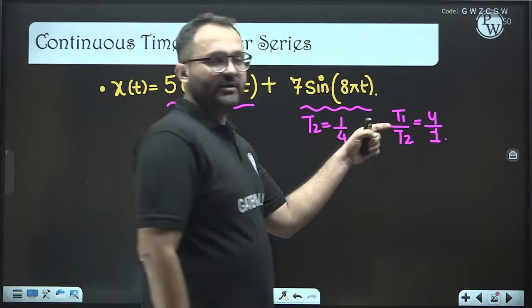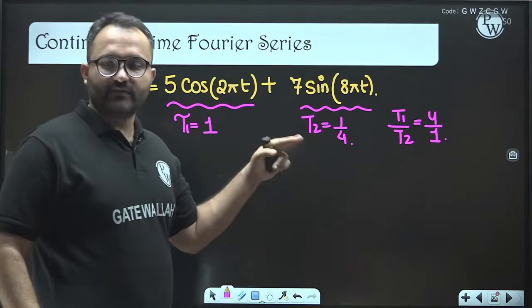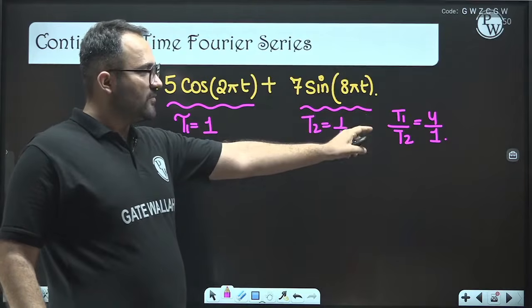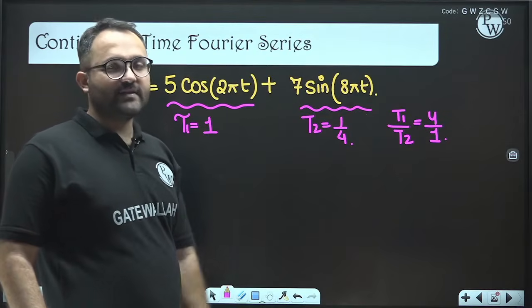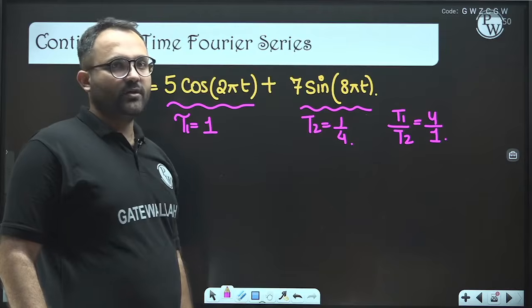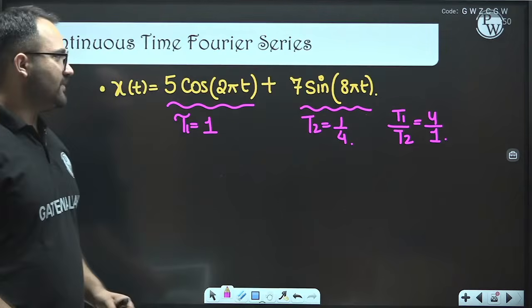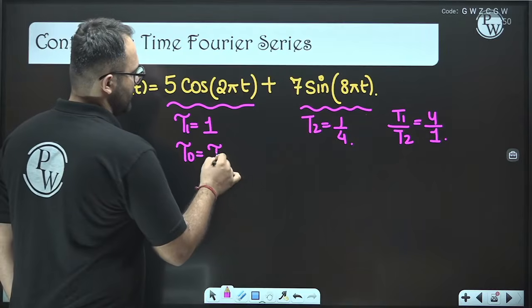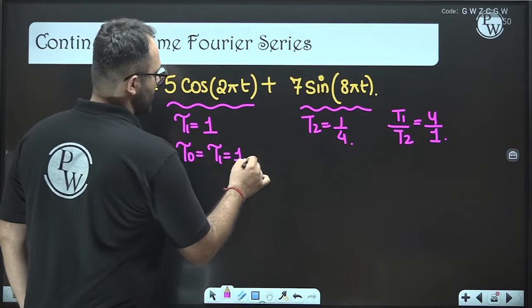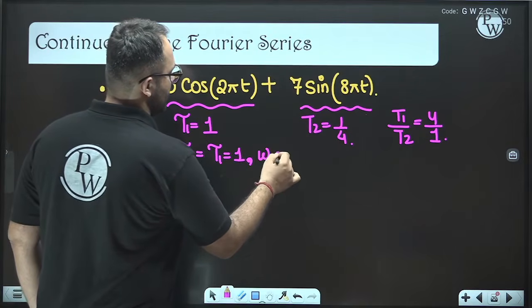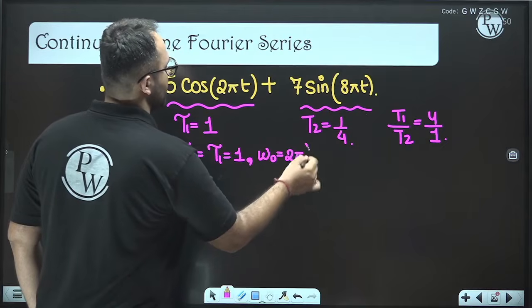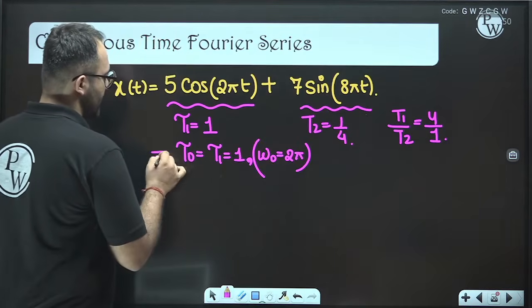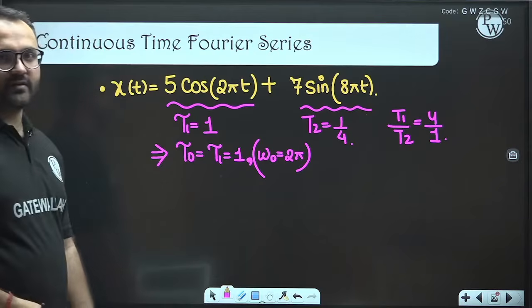So we have only a single denominator, that is 1. So the LCM of the denominator is 1. So we can say that the time period T naught is equal to T1, that is equal to 1. So we can see that omega naught is equal to 2 pi. Great. So we found the time period and omega naught of the signal.